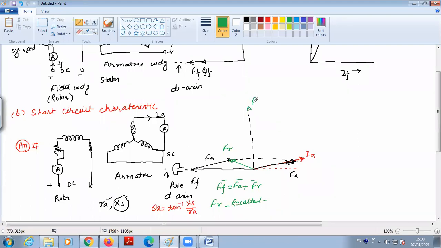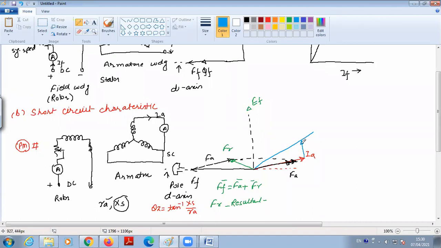So this will be the value of EF, producing EMF which is lagging by 90 degree. This is the resultant value, and this current is in quadrature with the reactance.